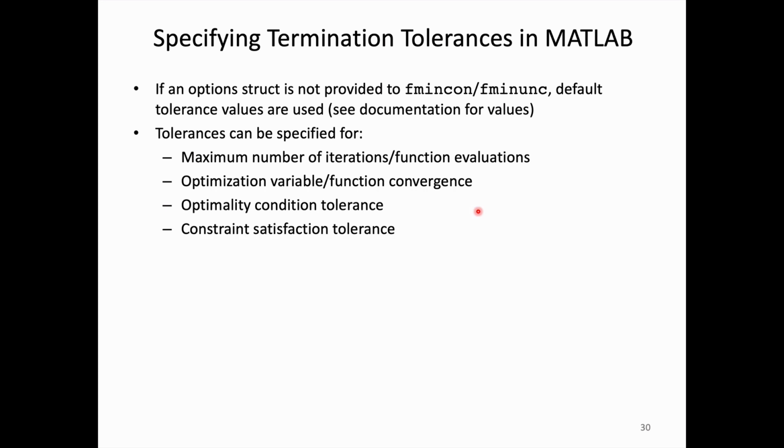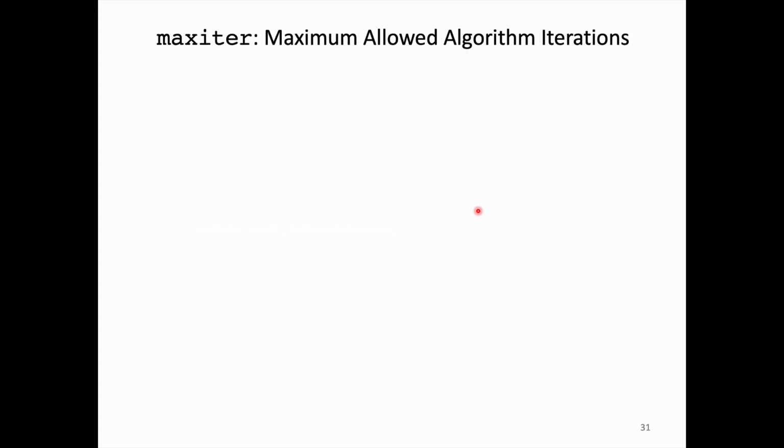Constraint satisfaction tolerance. This is something else that's important. It is distinct from, say, looking at convergence, but when we are trying to find a feasible optimum, we need to be able to say quantitatively that we have satisfied our constraints.